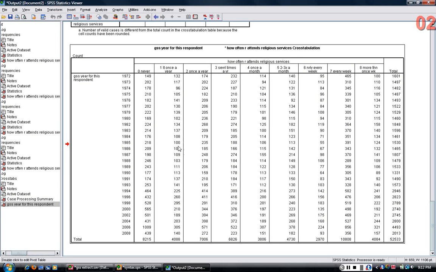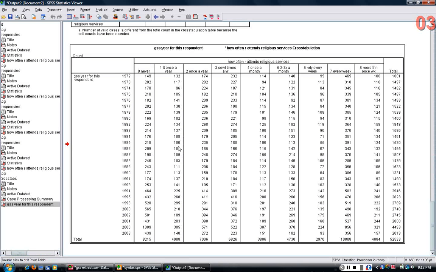So we see that, for example, of the respondents in the year 1972, 149 of them said they never attended religious services. 100 people in 1972 said they attended more than once per week.